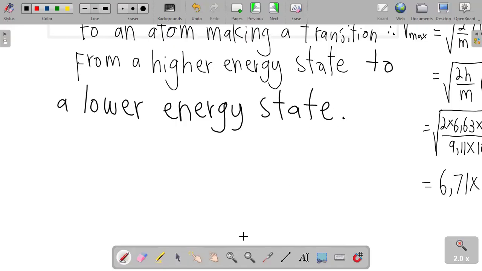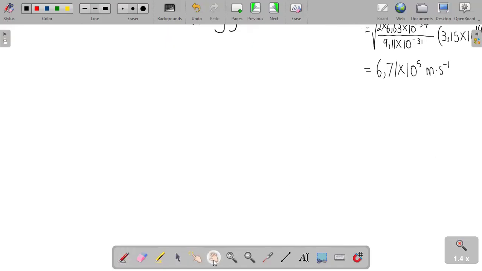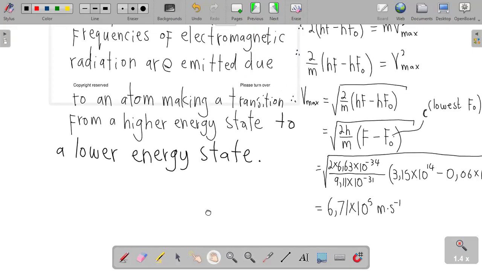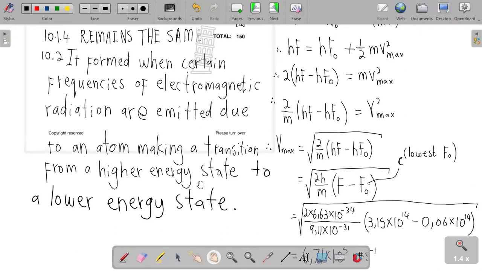This is because we were asked about emission here, not absorption. If it was absorption, it would be "is formed when certain frequencies of electromagnetic radiation are absorbed due to an atom making a transition from a lower energy state to a higher energy state".